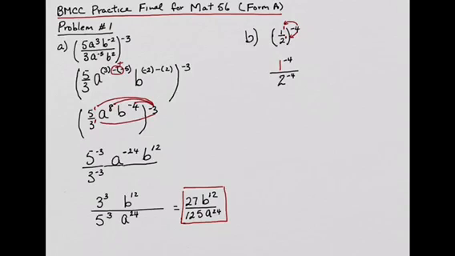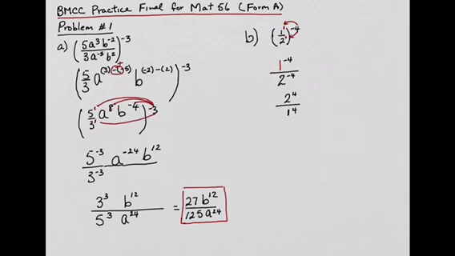And using properties once again, very similar to part A, by switching from the numerator to the denominator, the powers change sign. So 2 becomes positive 4 if I take it to the numerator, and 1 becomes a positive 4.